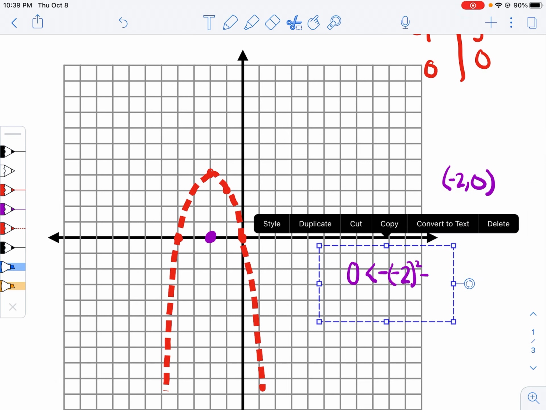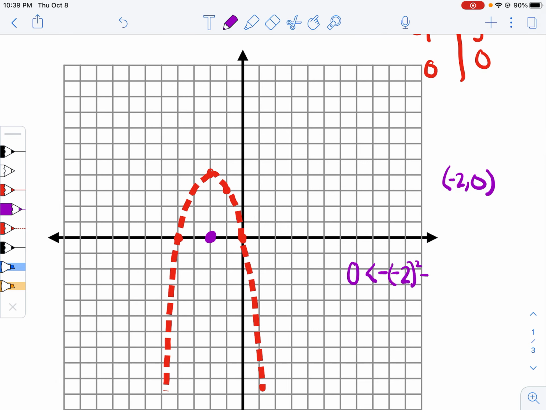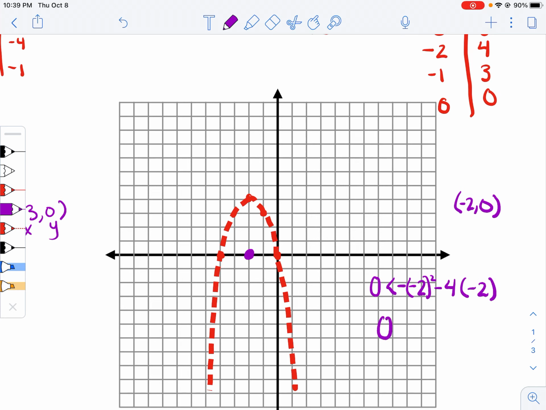Minus 4 times -2. So this would be 0 is less than, this is -2 squared is 4, but then that negative is waiting on the outside, plus 8. So we have 0 is less than 4. This is true again, which means I'm going to shade inside the parabola.